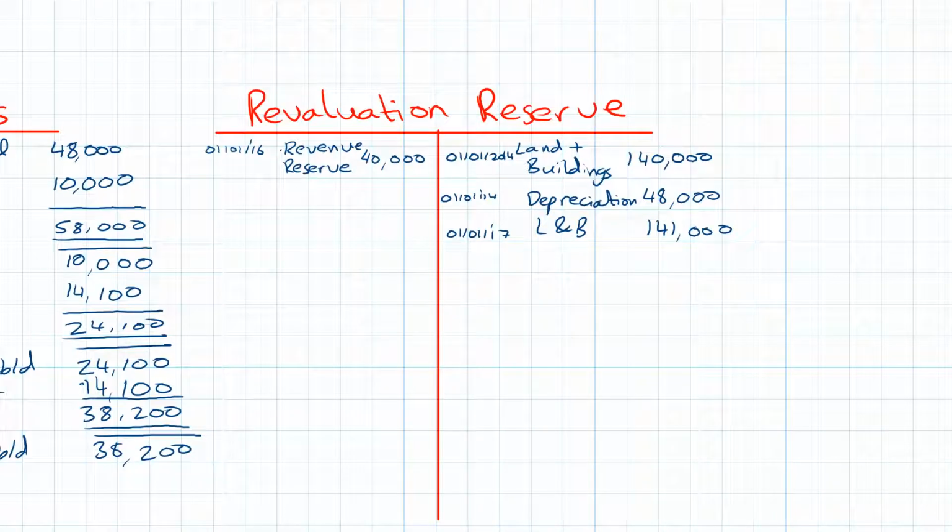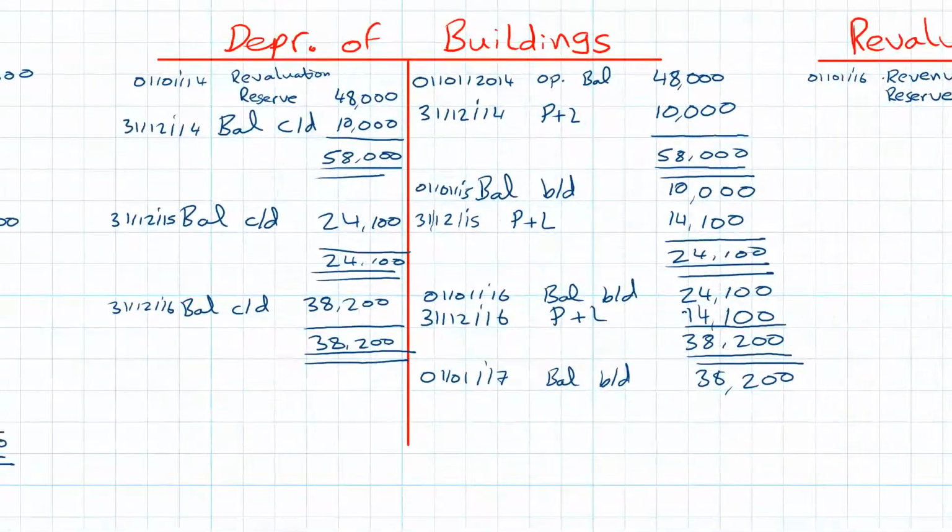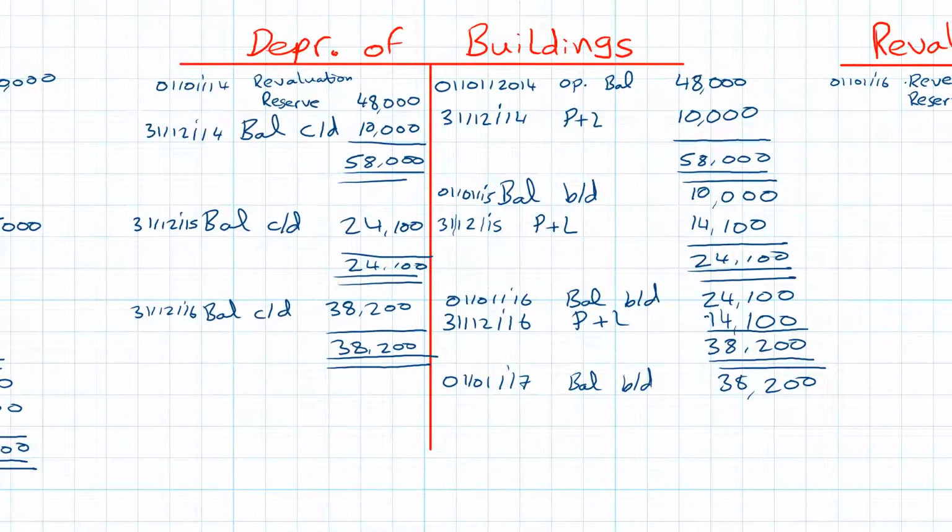What do we need to remember whenever we're revaluing? We need to take away, or we need to empty out, our depreciation account. For emptying out, we put on the opposite side 38,200 to a revaluation reserve.